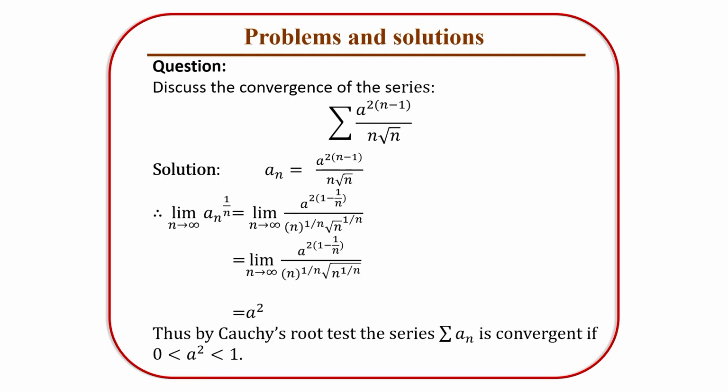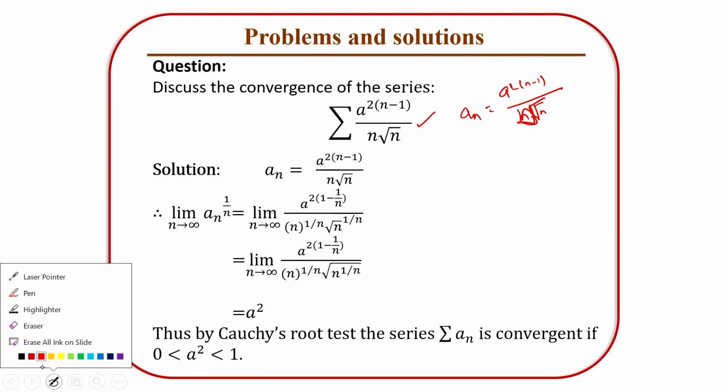Similarly, look at the series whose nth term is given. So a_n is given as (a^2 n minus 1) divided by the nth root of n, right? This is the nth root of n.